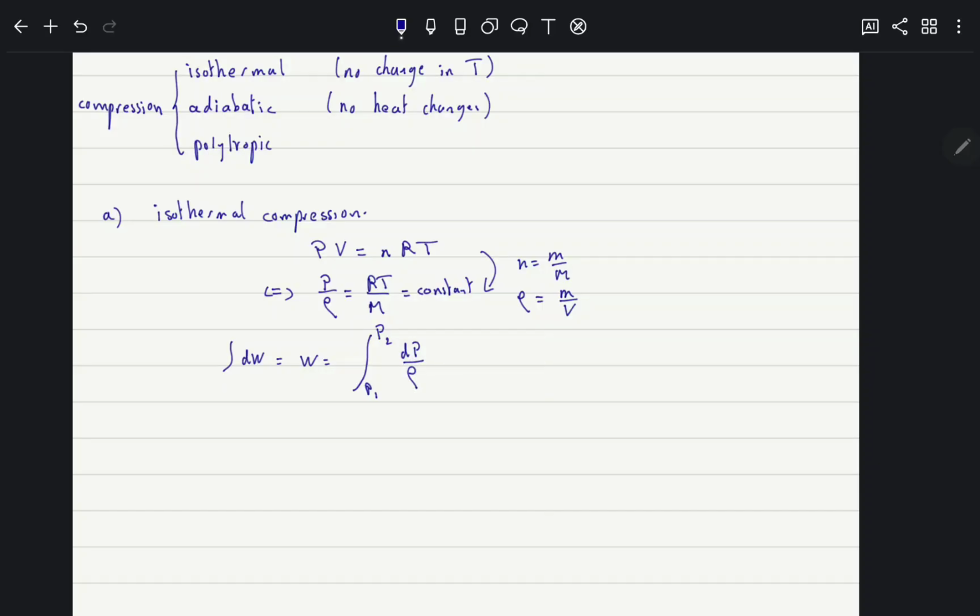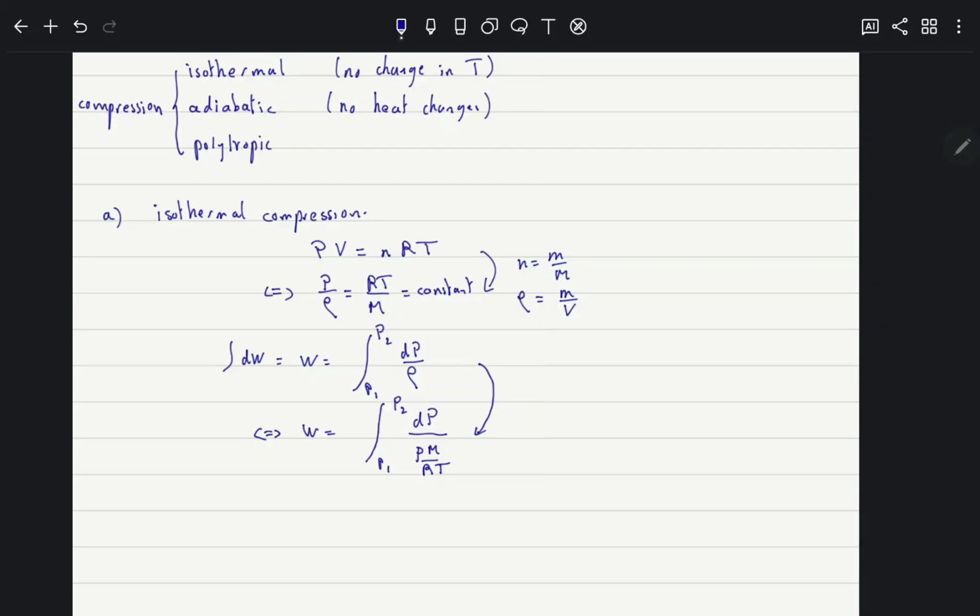In this case, we're going to change rho to its expression, PM over RT. So W equals the integral from P1 to P2 of dP, and now you change rho to its expression as PM over RT.